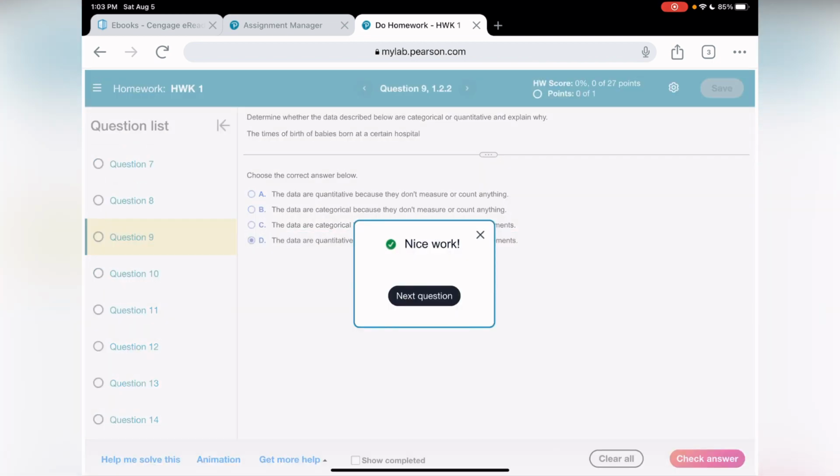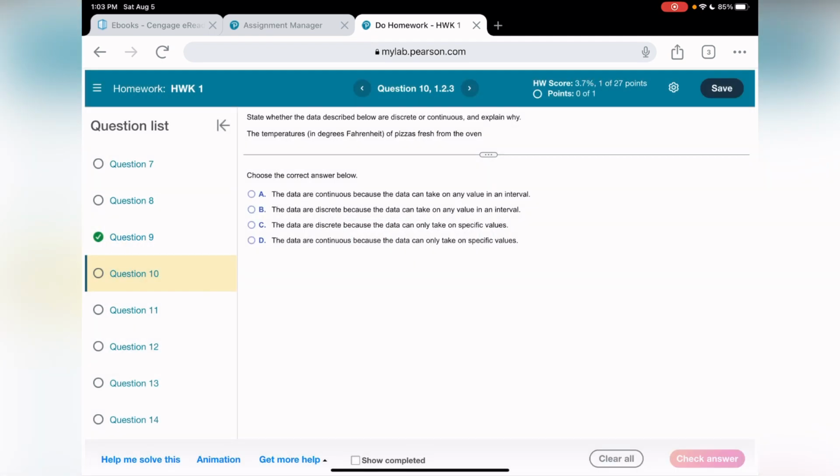Excellent. Moving to question number 10. Discrete or continuous. Let me explain what is discrete and what is continuous.